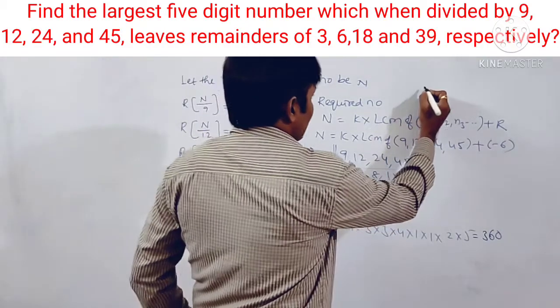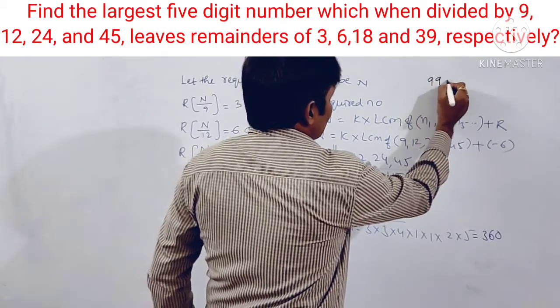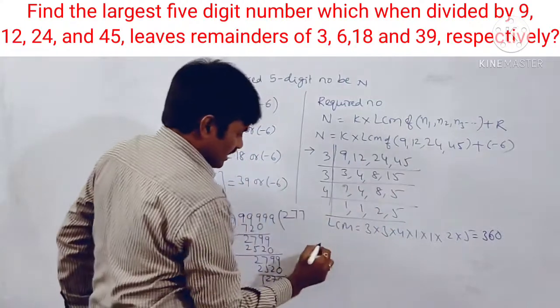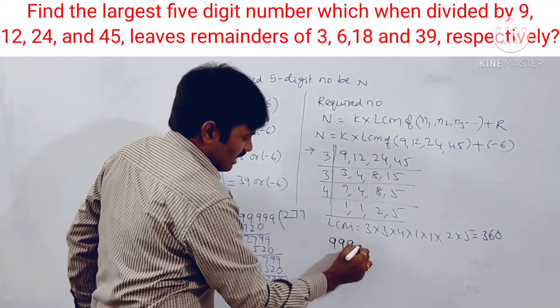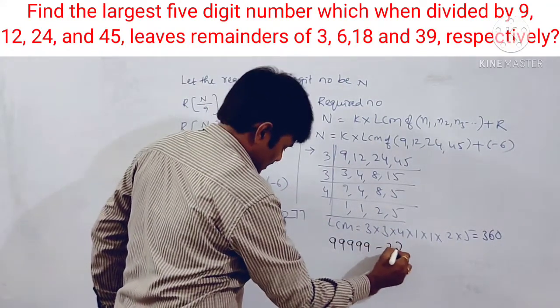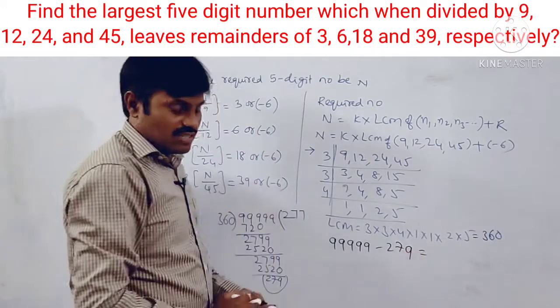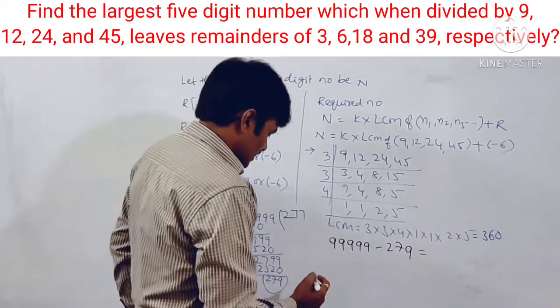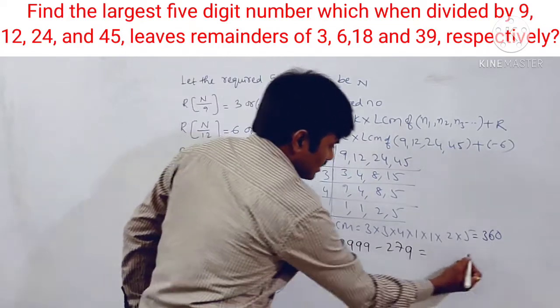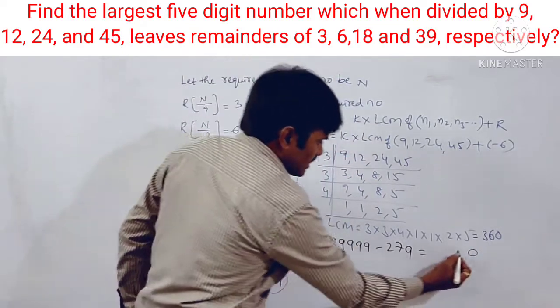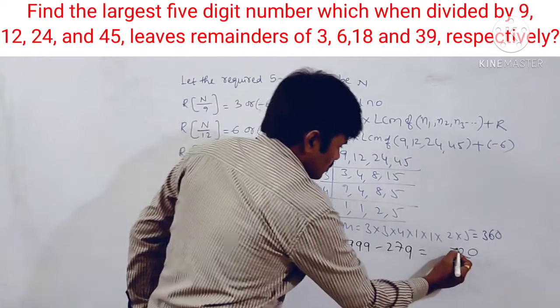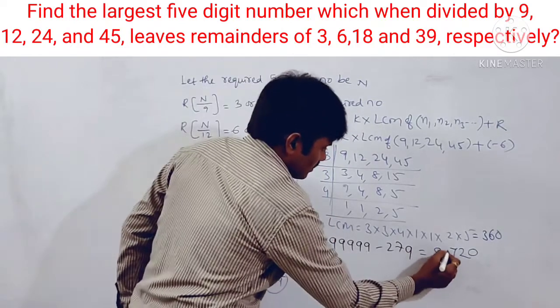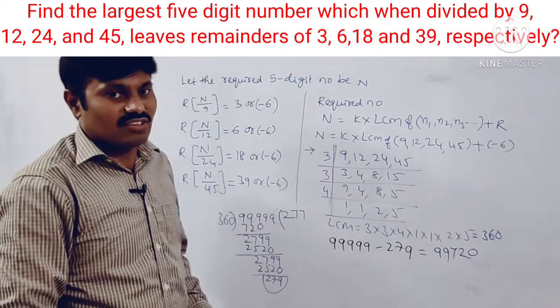So 99,999 minus 279 gives us a multiple of 360. How much are we getting here? 9 minus 9, 0. 9 minus 7, 2. 9 minus 2, 7. Here 2 9s are remaining. So 99,720.